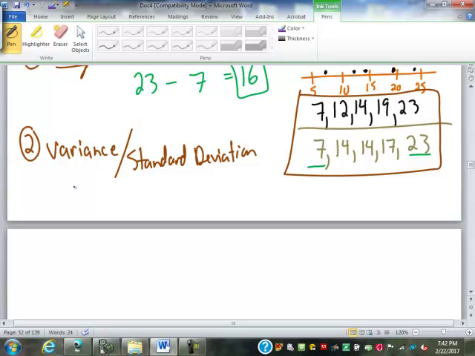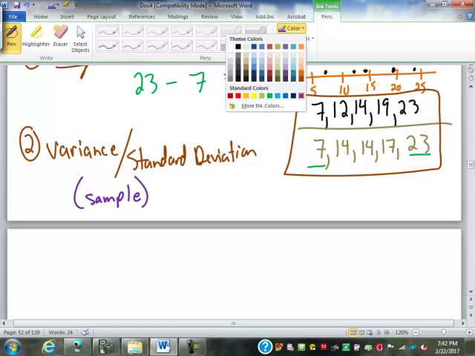We, for this class, are always going to assume that we're calculating the variance or the standard deviation of a sample. We're not even going to talk about the standard deviation or variance of a population. It's just slightly different, but you never do it. Very seldom do you have all the data sets for every element of the population you're going to calculate a standard deviation for. So it's just not practical.